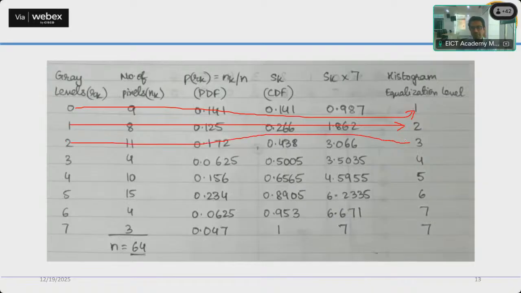In the same way, this is the histogram equalization level shown here. Whenever we are solving a problem, we have to find out what is new. If something is new, are we able to answer it? Then we can go towards the new problem.